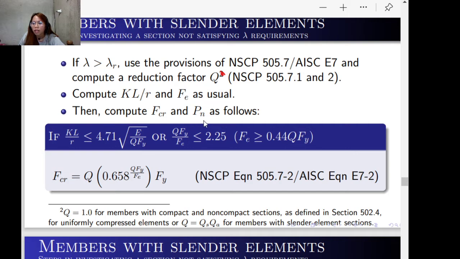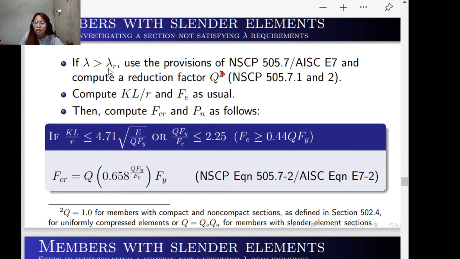Then this nominal strength for LRFD times the phi, or the resistance factor for LRFD, you will get the design strength. For ASD, divide by the factor of safety.